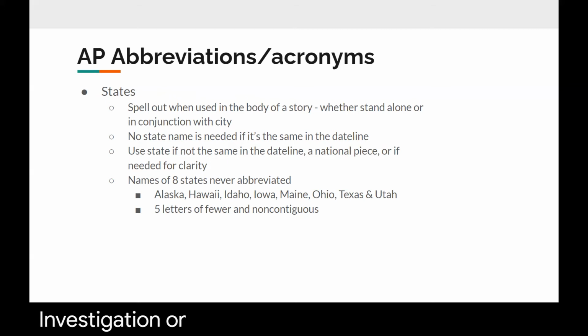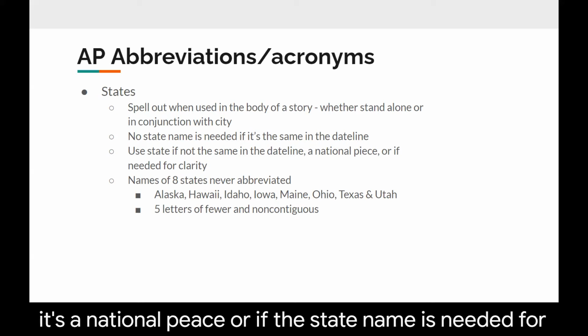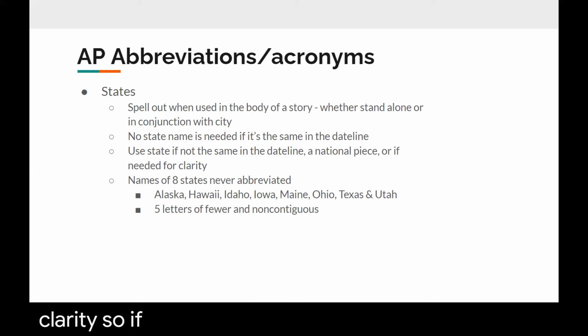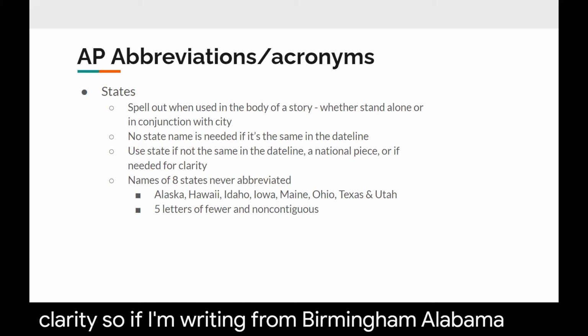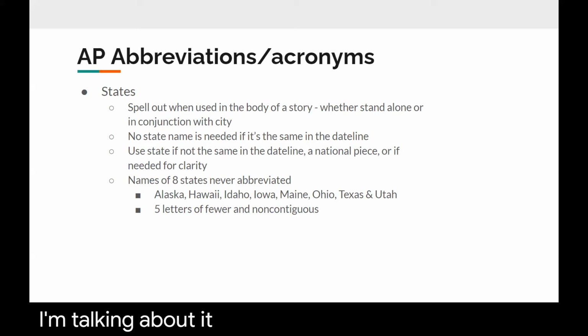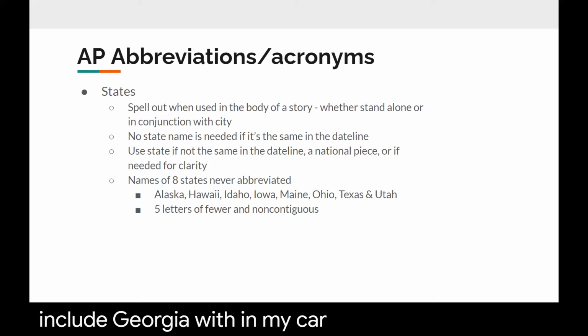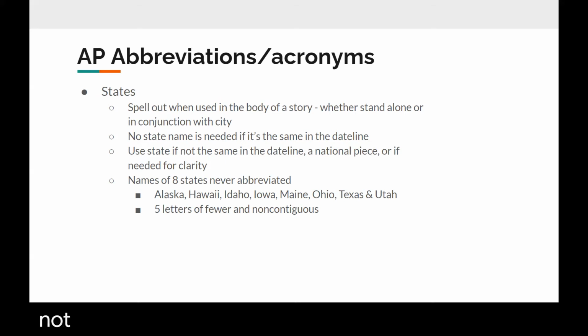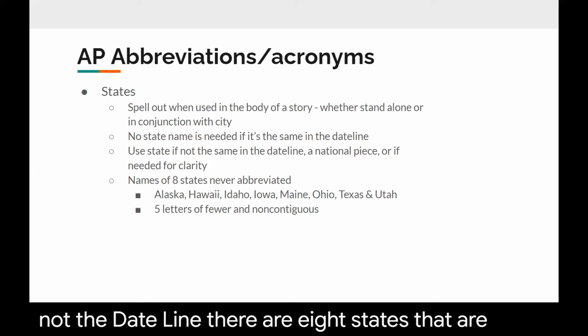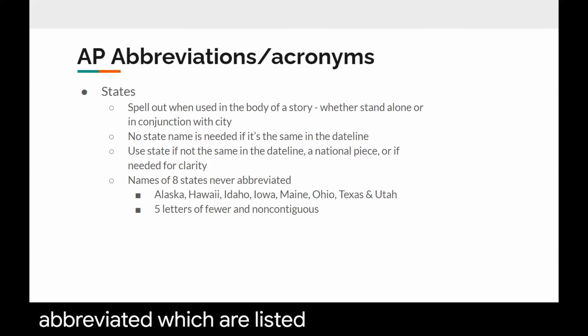You use the state if it's not in the dateline, if it's a national piece, or if the state name is needed for clarity. So if I'm writing from Birmingham, Alabama, but I'm talking about Atlanta, Georgia, then I'm going to include Georgia within my copy because Georgia is not the dateline. There are 8 states that are never abbreviated, which are listed here.